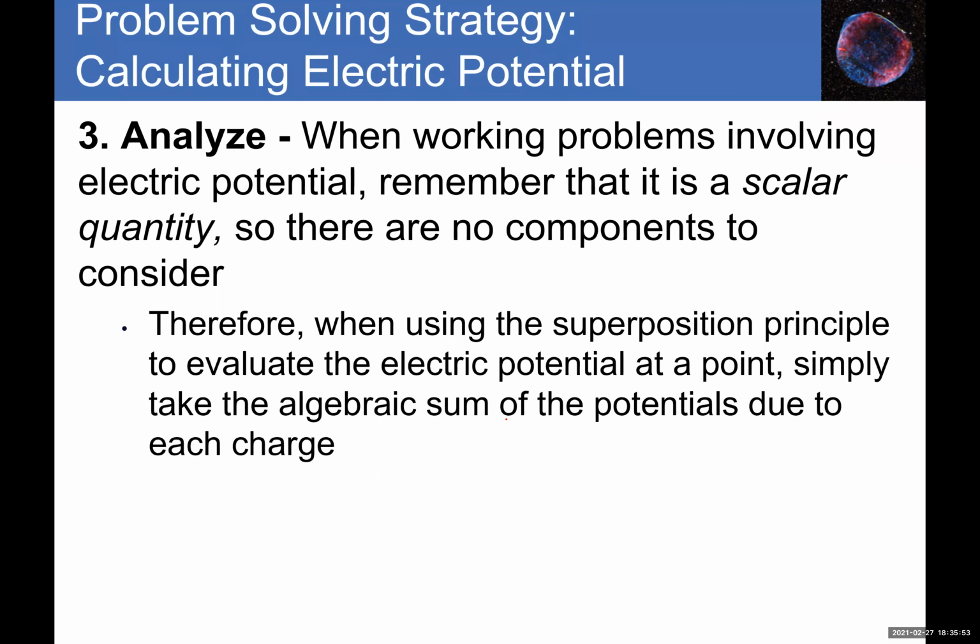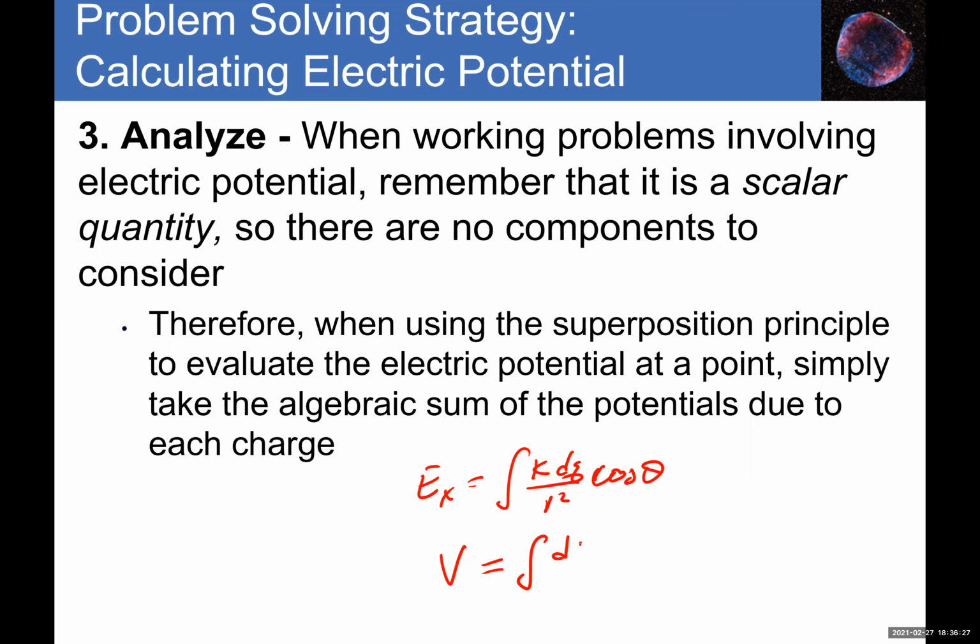All right, so when working problems involving electric potential, remember it is a scalar quantity. So there are no components to consider, which makes the expression much simpler. Because before, for example, for the x component, it was like the integral of k dq over r squared, and then we would probably have had cosine of theta or sine of theta, whereas for potential there is no such thing as a component.